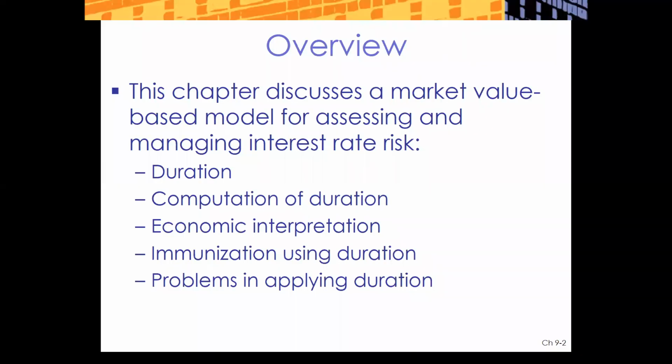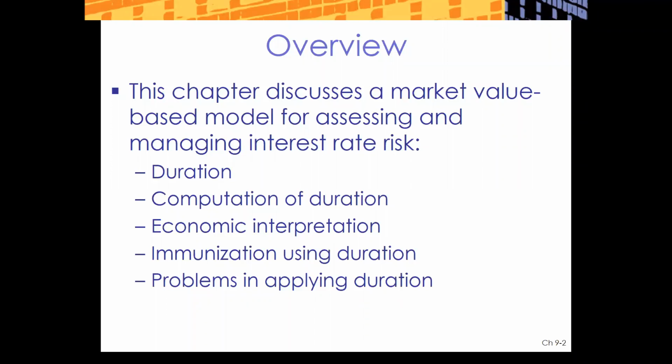This chapter will discuss a market value based approach for assessing and managing interest rate risk, where we're going to use the duration itself, how to calculate and compute it, and give some economic interpretation of that. Using the immunization system, you know how to do it, and the problems in applying duration.